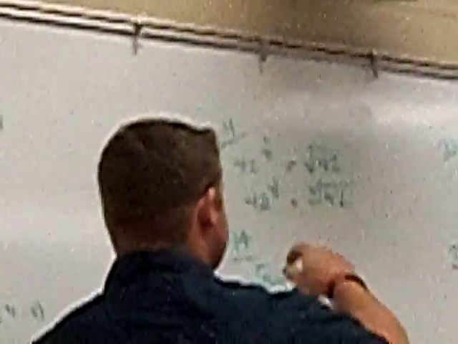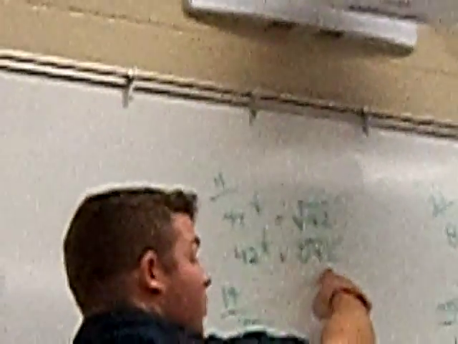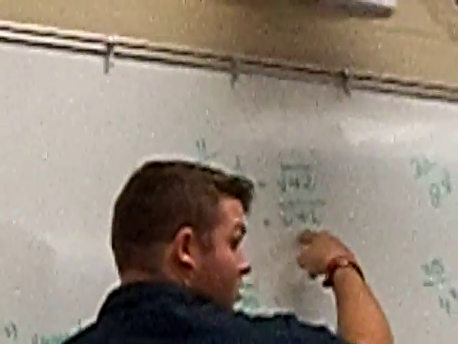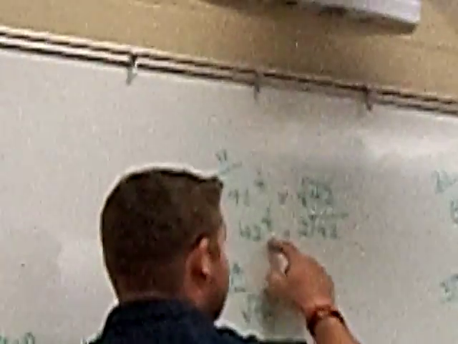The numerator is what we're raising this to. What power are we taking this 42 to? Well, there's nothing there, right? If there's nothing there, it's assumed it's a 1. So it's 42 to the first power, and then we're taking the cube root of that. This denominator is the root. Why would you take the cube root? Because it's to the 1/3.